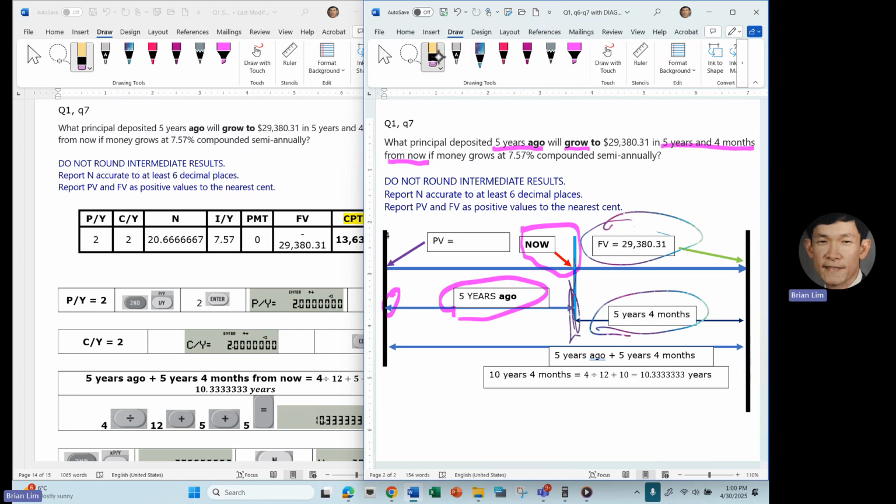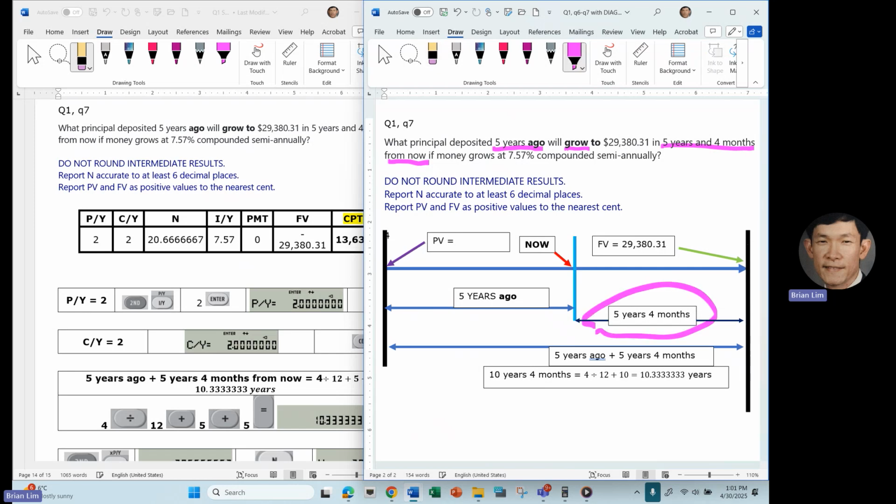So what we have to do is take this 5 years and 4 months and add it to this 5 years. And that is what you see coming out down below right here. All of this here is 5 years plus 5 years and 4 months. That would give us 10 years and 4 months.